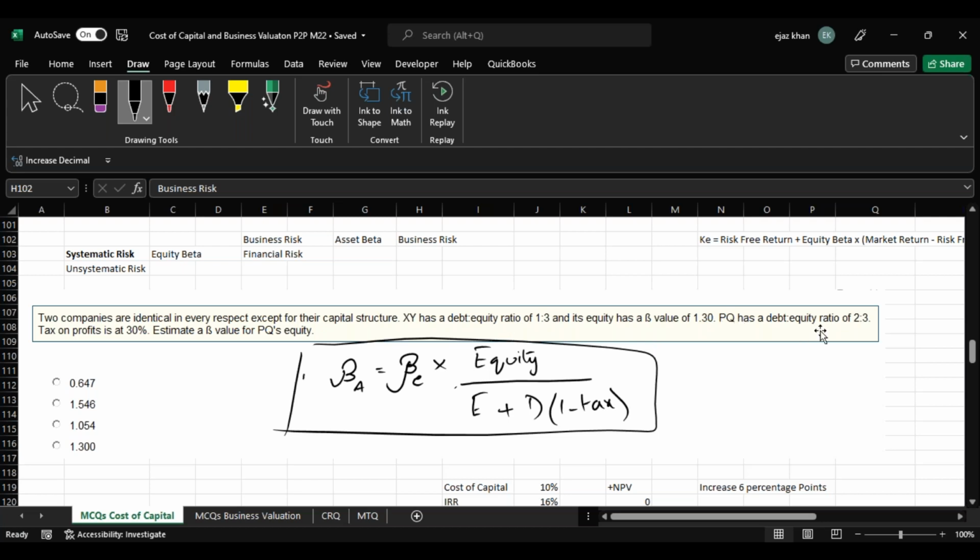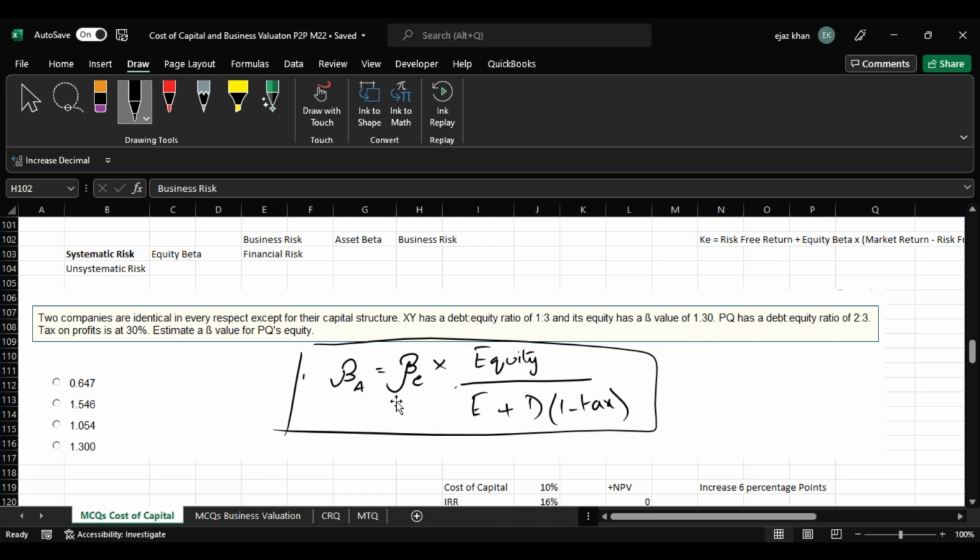Whereas PQ company has a debt to equity ratio of 2:3, which is different from XY company. Therefore, it will have a different financial risk. So we cannot use the equity beta of XY company as the equity beta of PQ company. So what we have to do is first convert this equity beta into asset beta so that it shows only the business risk.